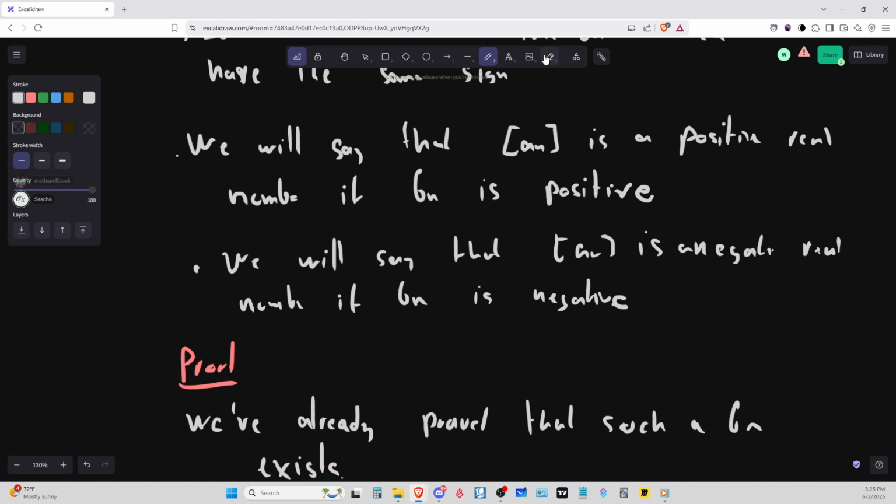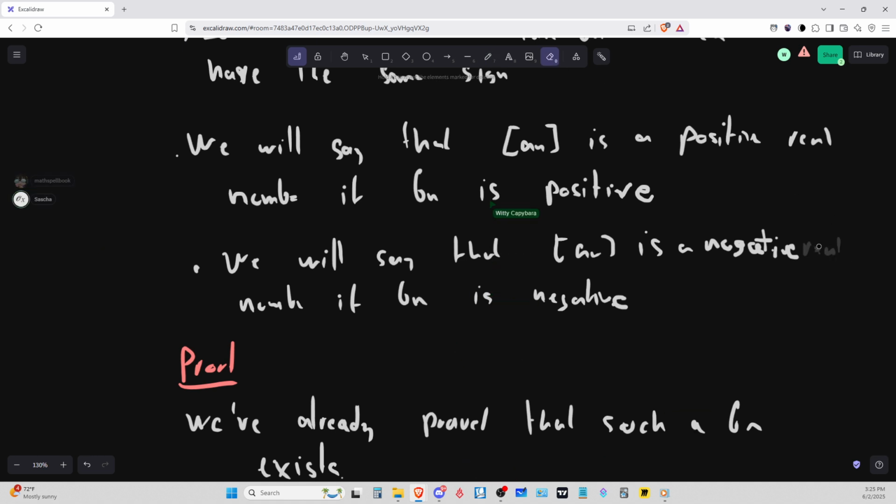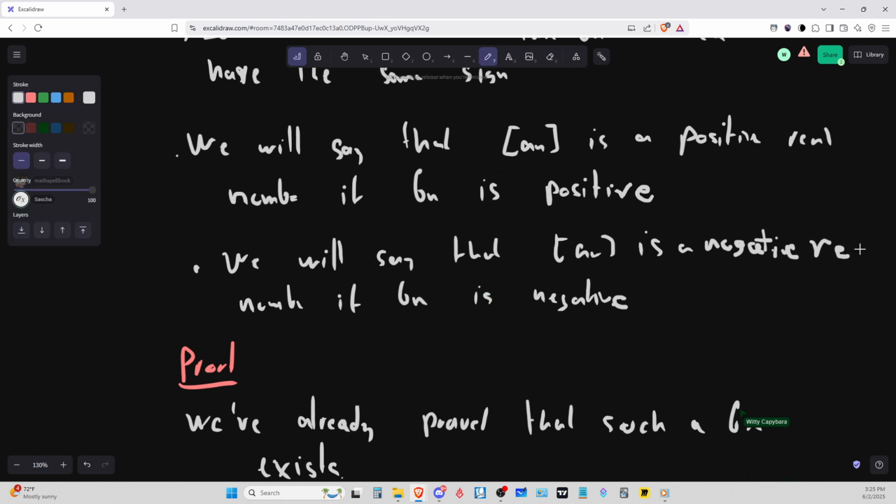When we proved it was maximal, I actually proved the first part of this statement, that we're able to find a Bn which is either strictly positive or strictly negative. That's the reason why I proved the stronger result before, because I knew I had to prove this at some point. So we already know that such Bn exists, so we have existence.